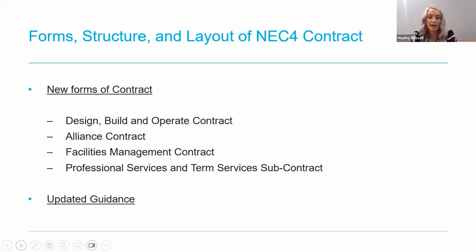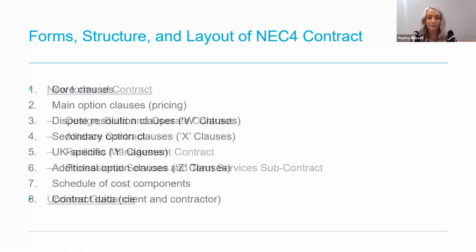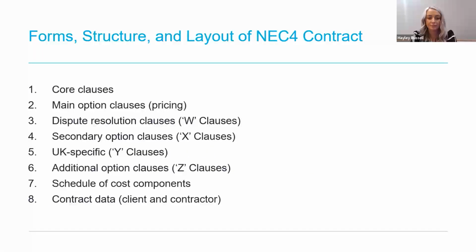Finally, the 5th contract NEC4 has introduced is the term services subcontract. This contract allows the contractor under a term contract to subcontract using a similar form. It should also be noted that the guidance for NEC contracts has also been updated for NEC4.